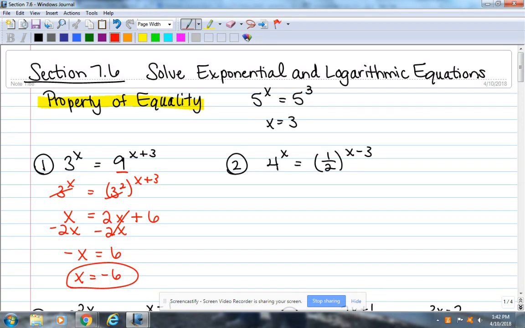Number 2 is a little bit more complicated because you've got a fraction. And this is the same thing as 2 to the negative 1 power, right? Y'all remember that negative exponents we put on the other part of the fraction? So 1/2 is the same thing as 2 to the negative 1 power.